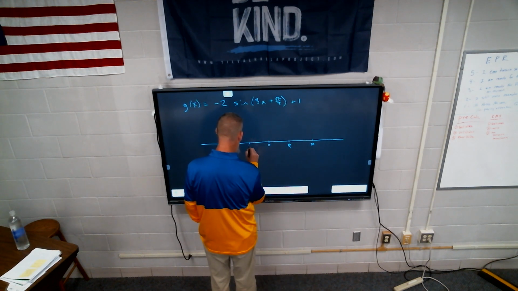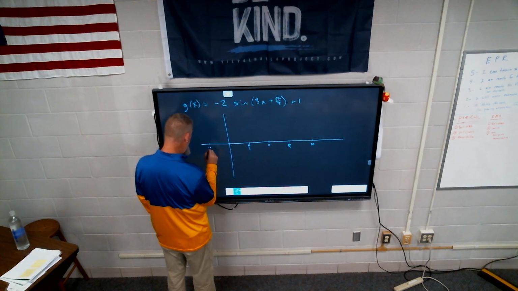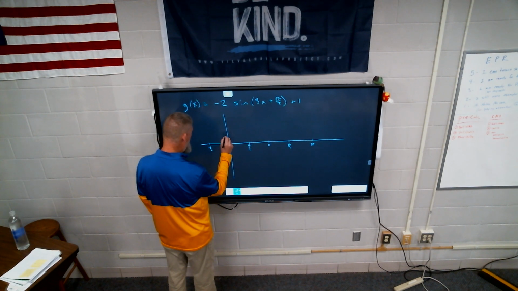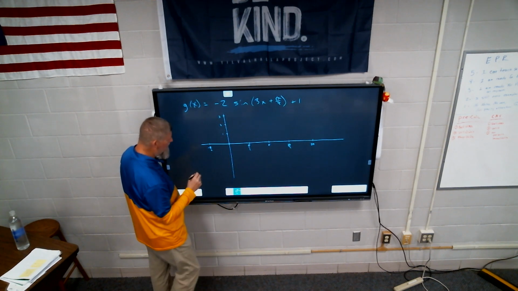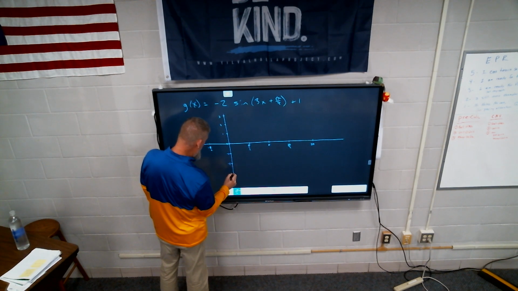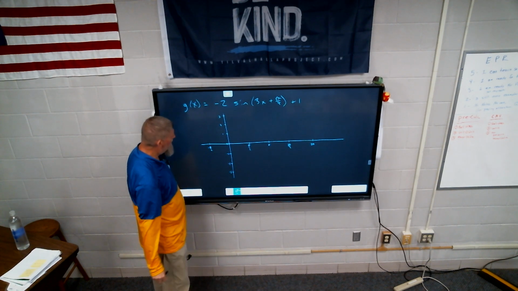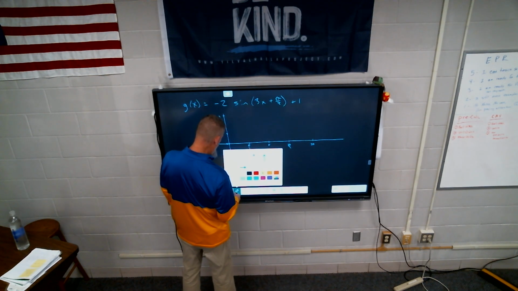How do you say this again? So it'll be 3x plus pi over 4 equals 0, and then you'll do minus pi over 4. So negative pi over 4, so it'll be 3x equals negative pi over 4.